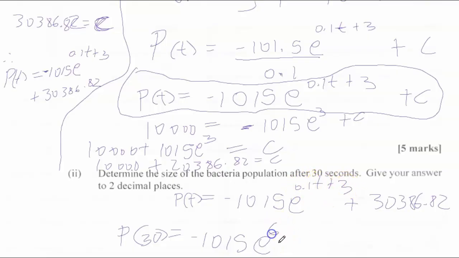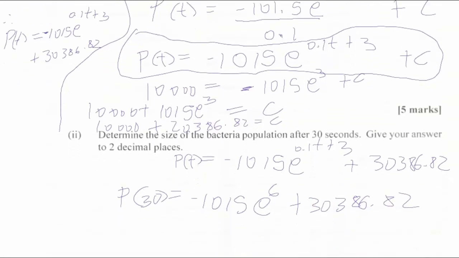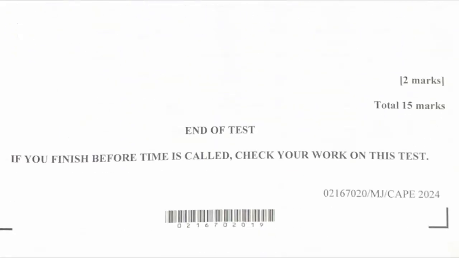So that's e to the 6 we'll end up with now, plus 30,386.82, and we'll enter all of this in our calculator, and we should get as our final answer minus 379,093.41. That's the end of our paper.